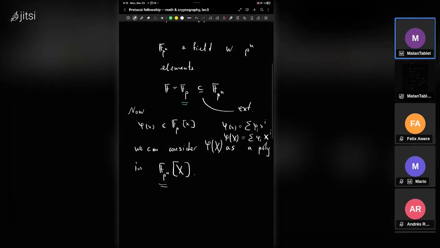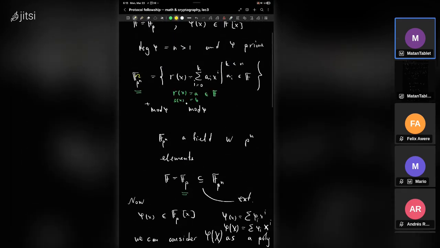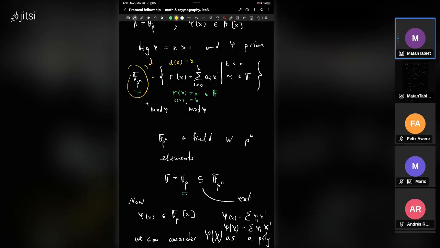However, what happens? So here in this new kind of weird field F_p^n, the elements are themselves polynomials. And in particular, I have the polynomial, let me call it alpha(x) equals x. This is a polynomial, so alpha is an element in the field F_p^n.